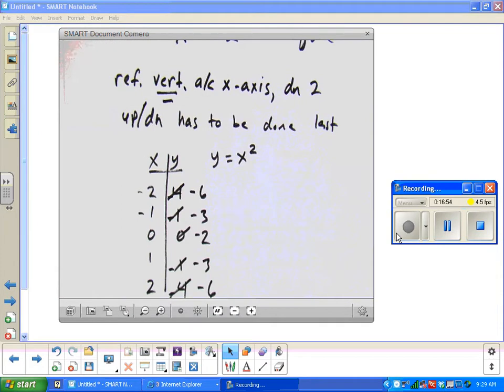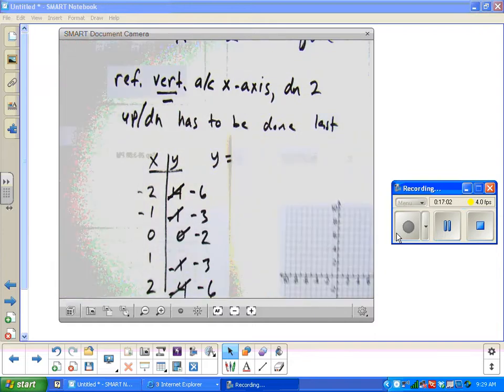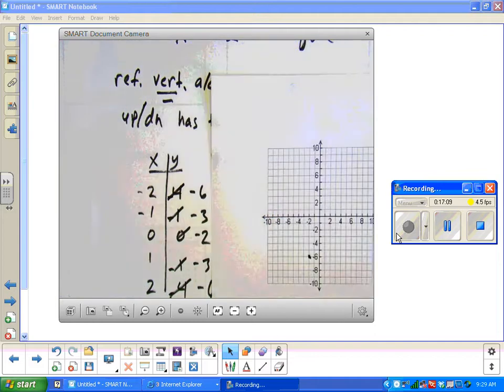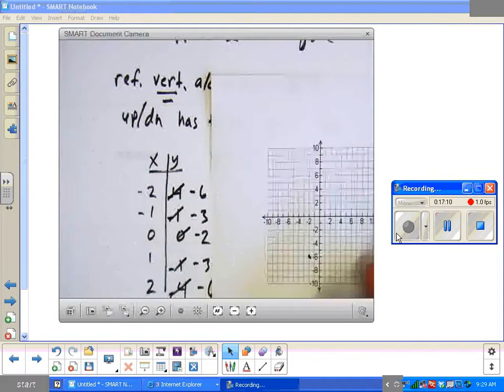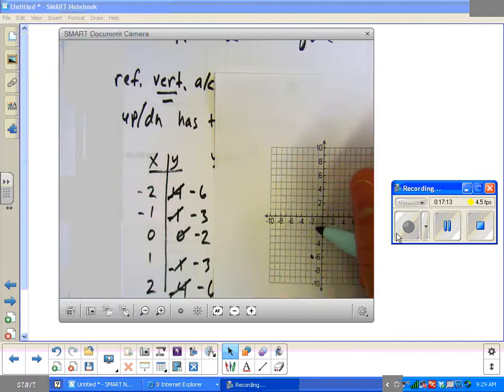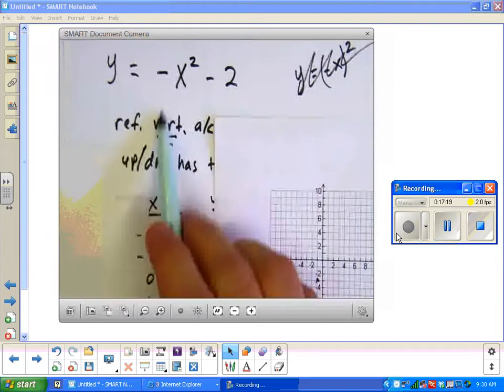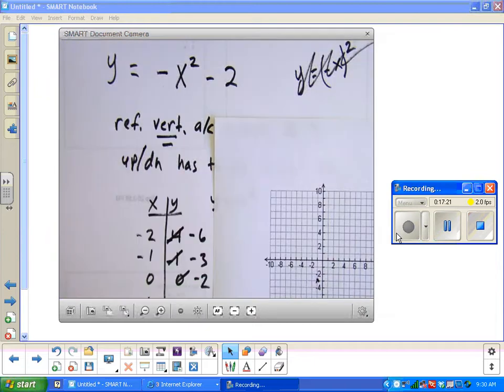Okay, and then we're going to throw it on the graph. Okay, so -2, -6. And we should know what that's going to look like from experience. We should know that that's a parabola, and because it's got that negative in front of it, that means it's going to be going downwards.